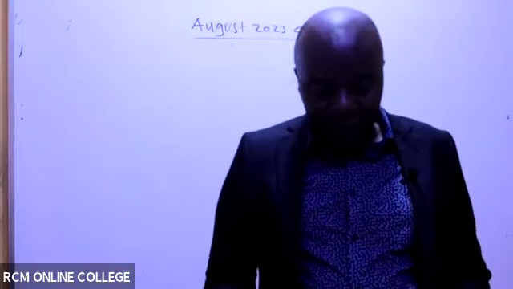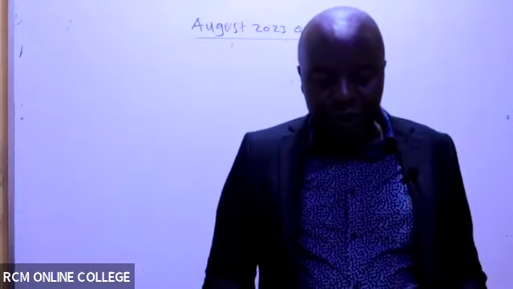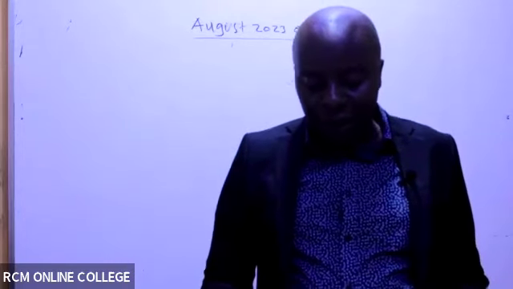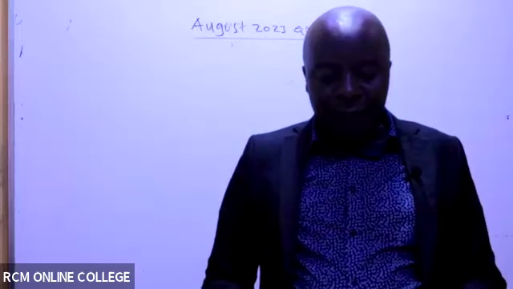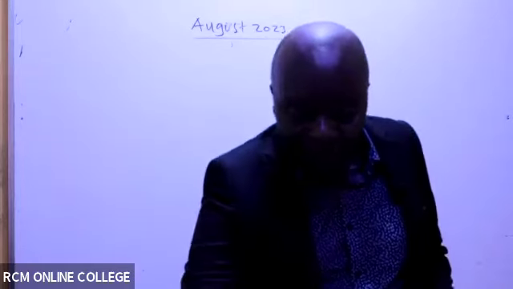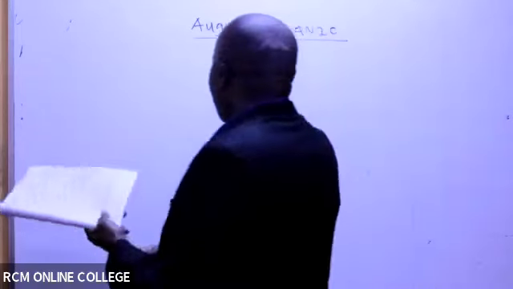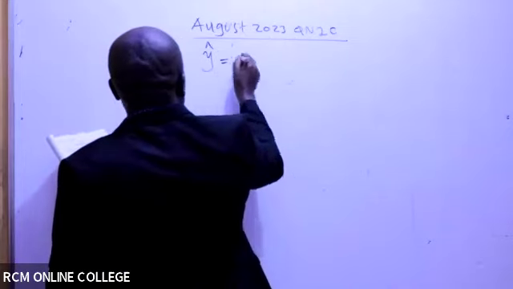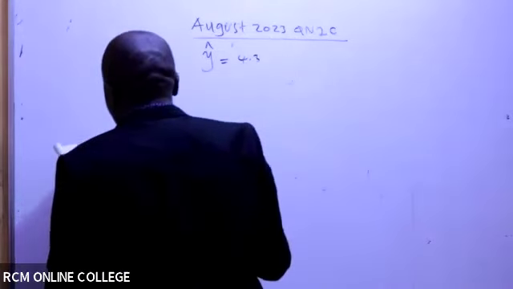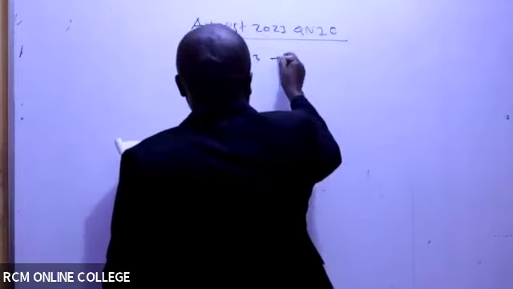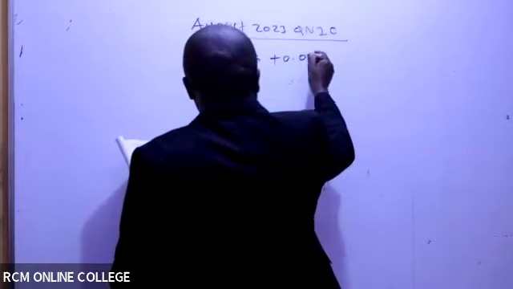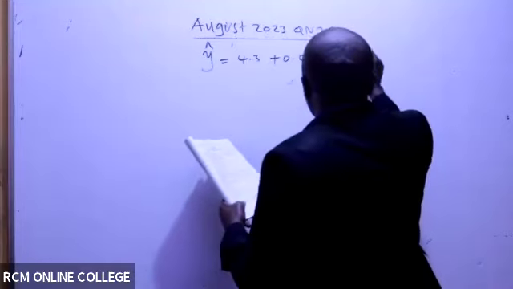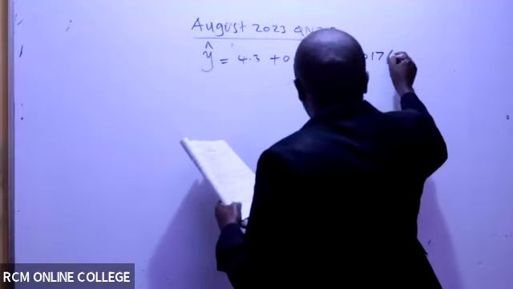We are told here, the following regression equation was obtained for a class of 24 intermediate level students. So we have here y with a hat, which is 4.3 plus 0.029 x1 plus 0.017 x3.